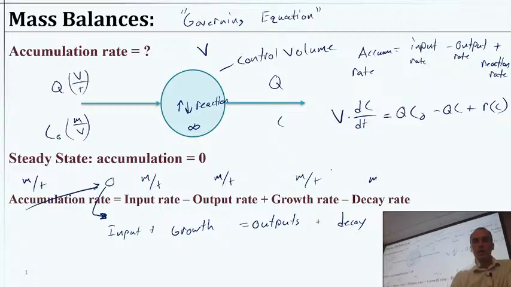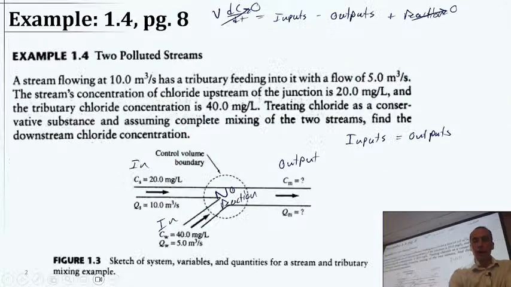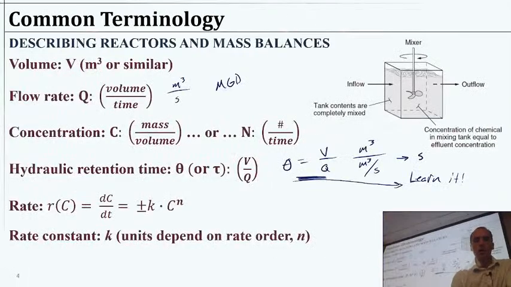To get the rate itself, the reaction rate, growth or decay, we need to take that plus or minus for the growth or the decay, times some reaction rate constant, times C to the nth power. This is describing dC/dt, and then we put it in the volume.